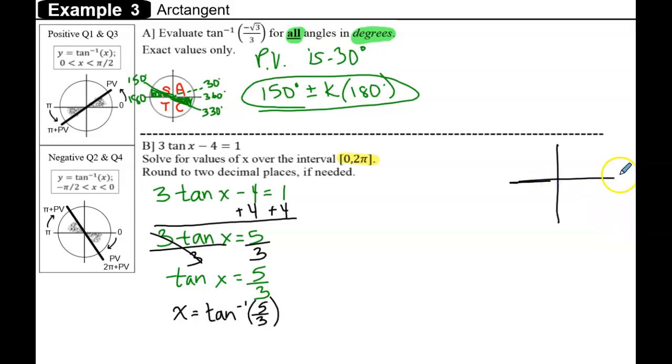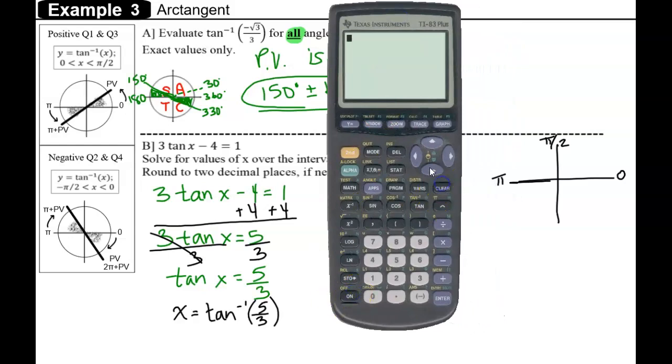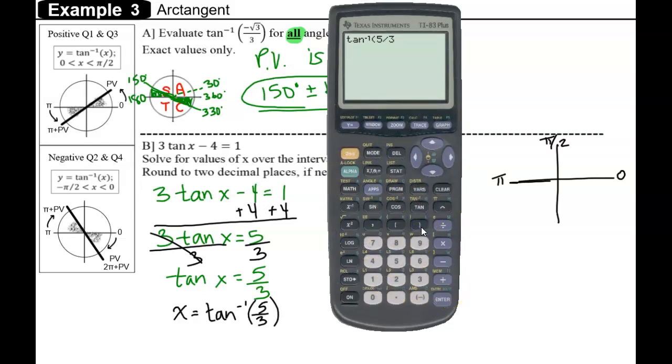So if I'm starting here at 0, this is pi over 2, pi, 3 pi over 2 would be down here at the bottom. And I'm going to put in my calculator, working in radian mode, which I'm in radian mode, the arctangent of 5/3, which is approximately 1.03, rounding to 2 decimal places. And pi over 2 is about 1.57, right?